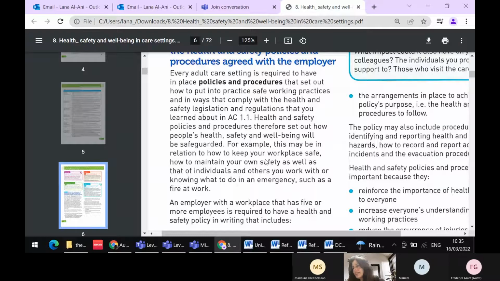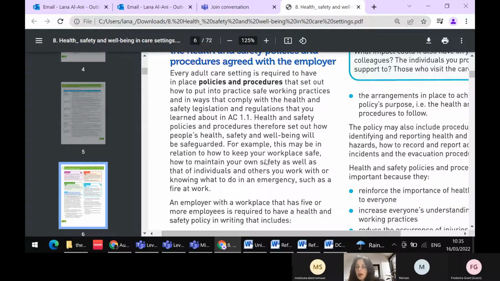In every care setting, we have policy and procedure. These are set by the management of the organization. As people who work in care, we need to comply with them. Health and safety is one of them, a very, very important one.